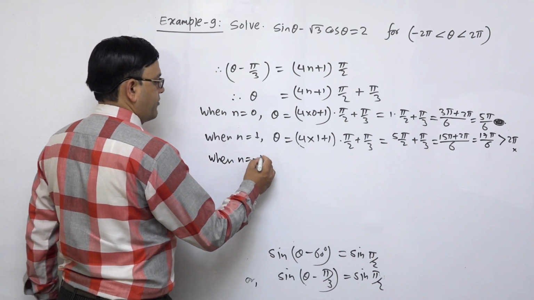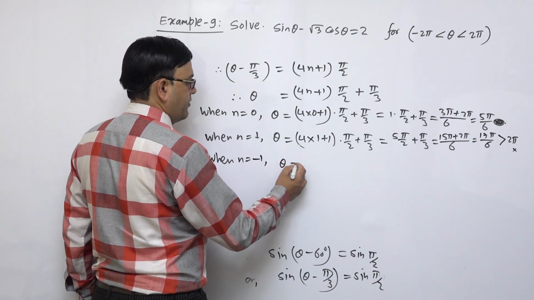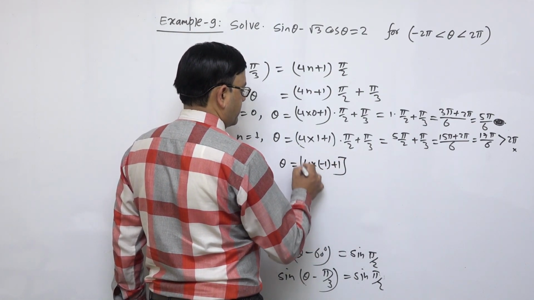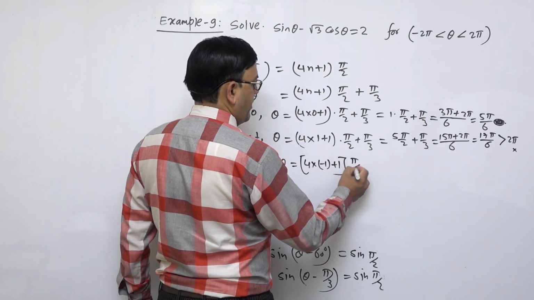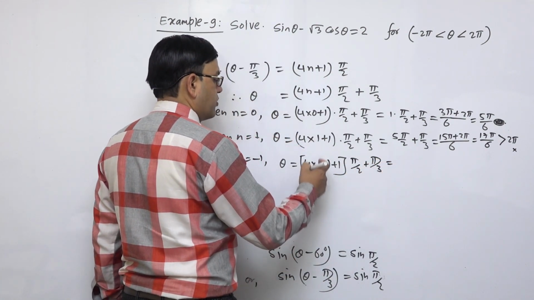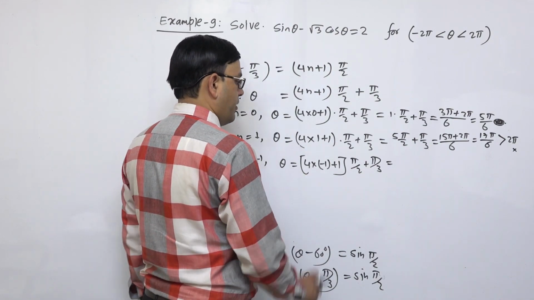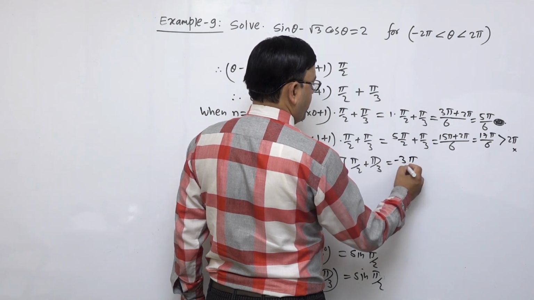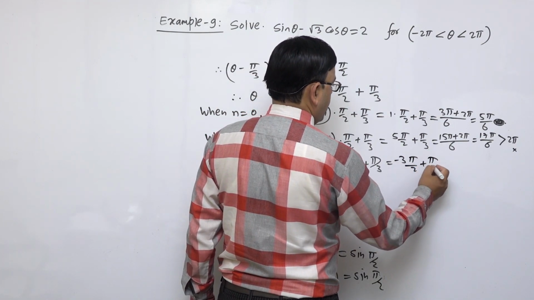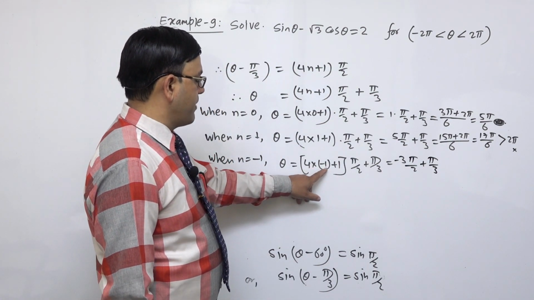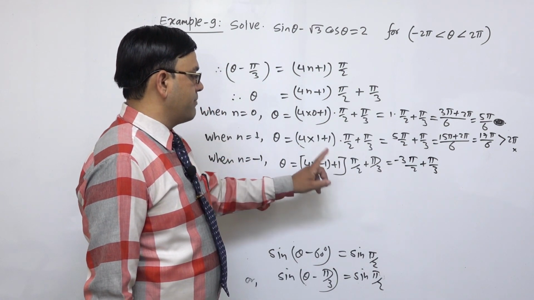minus 1, n is equal to minus 1, then theta is equal to 4 times minus 1 plus 1 times pi by 2 plus pi by 3. This is equal to minus 4 plus 1 is minus 3 pi by 2 plus pi by 3.